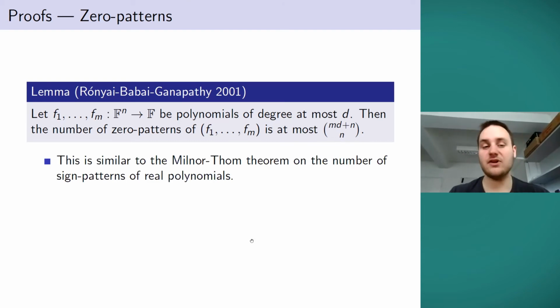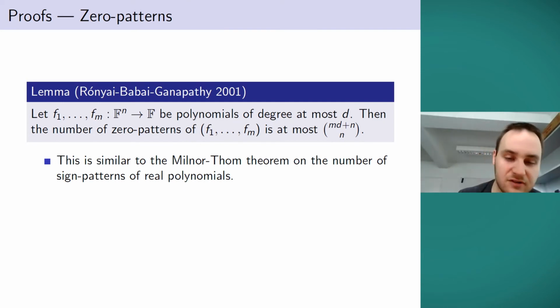Let me also mention that this lemma might be familiar to some of you, because it is very reminiscent of the famous Milnor theorem on the number of sign patterns of real polynomials. But while that is a pretty heavy theorem, whose proof requires some heavy algebraic geometry, the proof of this lemma is just half a page of clever linear algebra. So we are not using anything too deep at all.